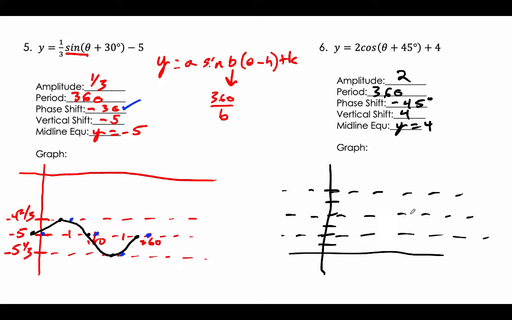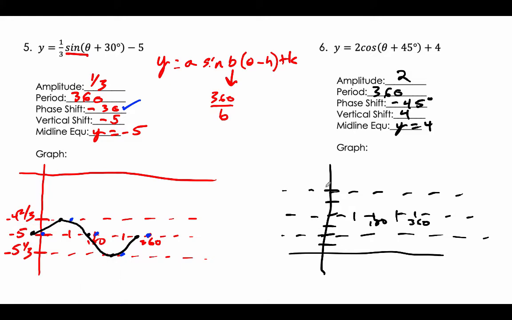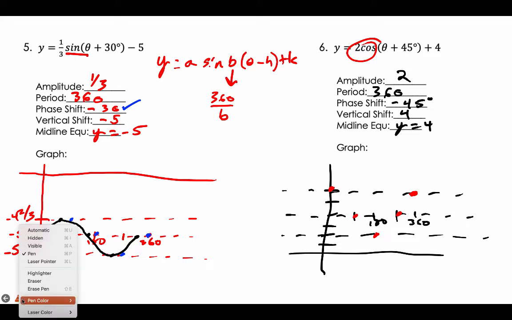We're getting through in 360. And I'm going to have 180, and I got 90, and I got 270. I'll grab a different color, and we will graph. My normal one is a cosine. I am Batman. Up here, down here, 0 and 0. That's the normal ones, right?